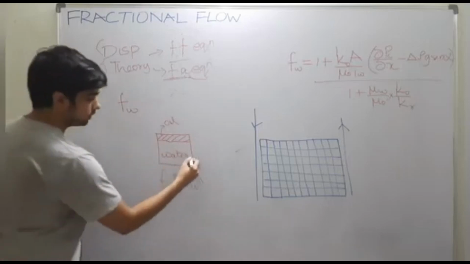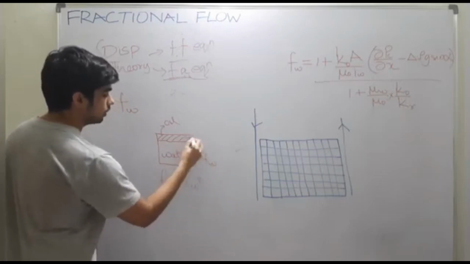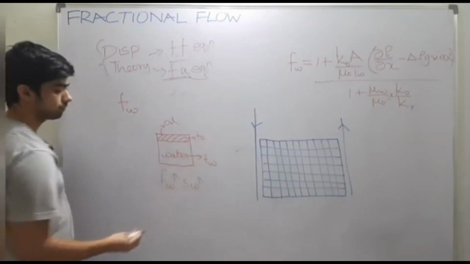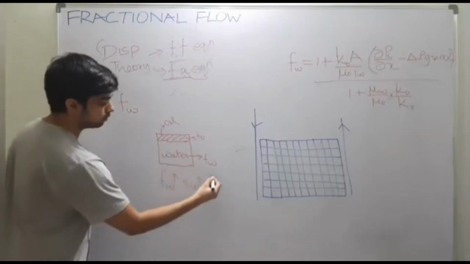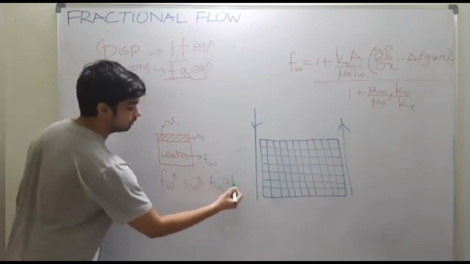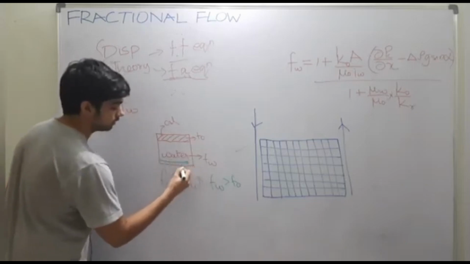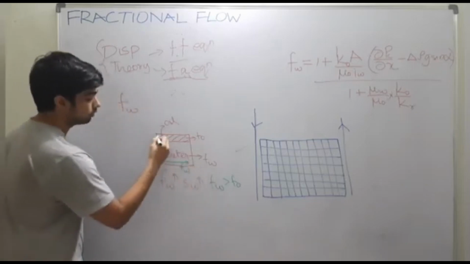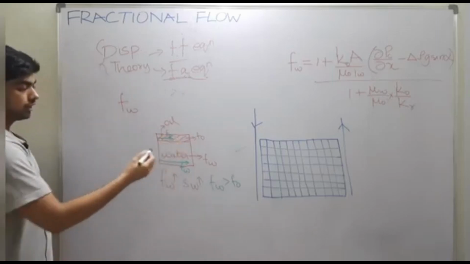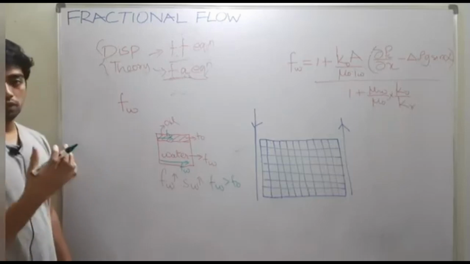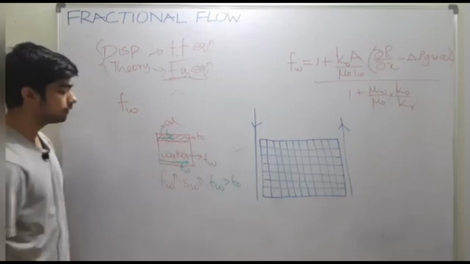Now water will have some fractional flow and oil will have some fractional flow, and since the fractional flow of water will be greater than the fractional flow of oil, the movement of water in this block will be greater than that of oil. So fractional flow is the movement of one particular liquid with respect to the movement of another liquid.